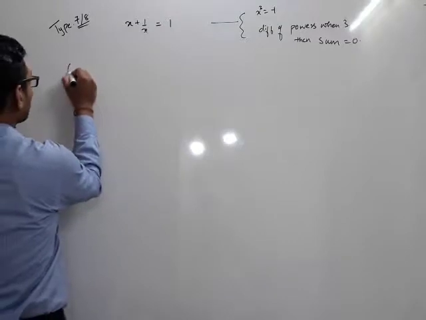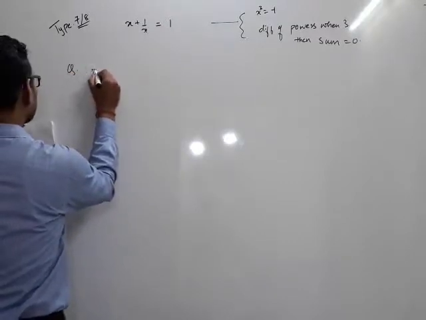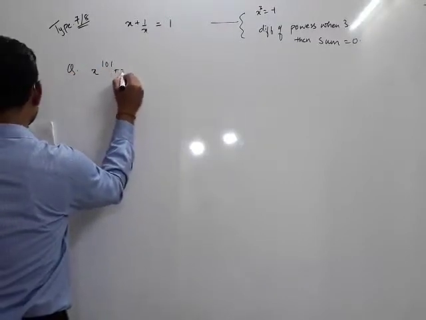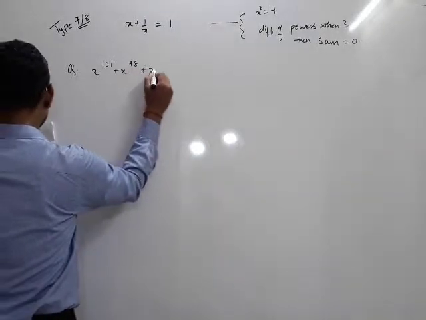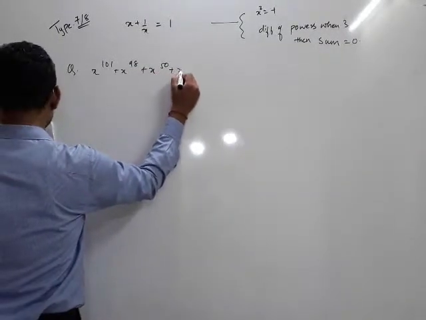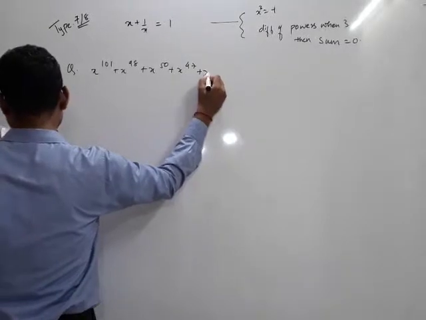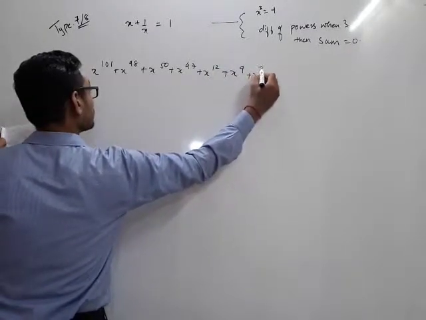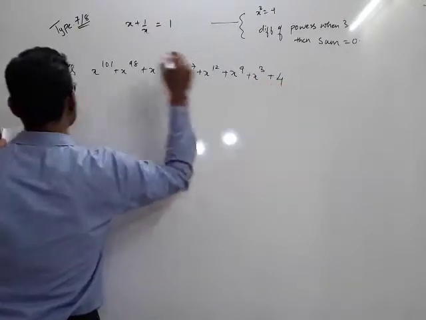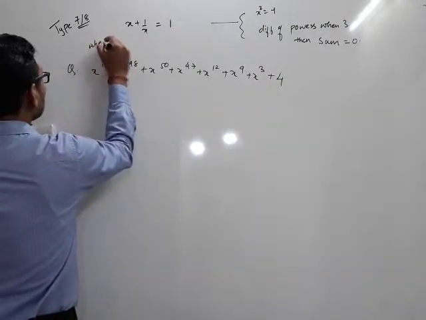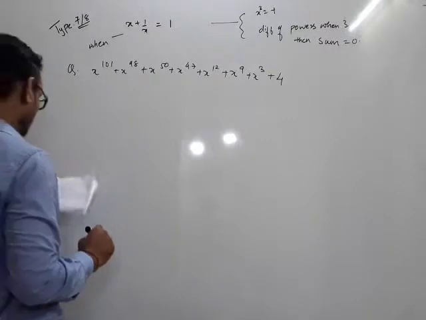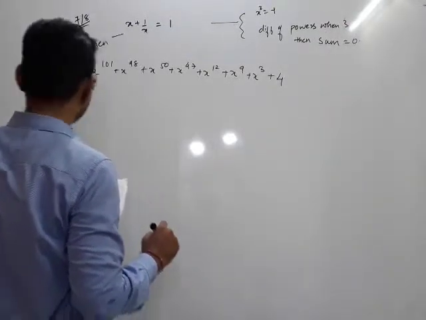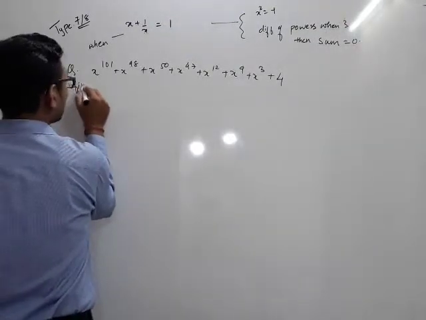Okay, let's see the question. X raised to 101 plus x raised to 98 plus x raised to 50 plus x raised to 47 plus x raised to 12 plus x raised to 9 plus x raised to 3. When x plus 1 by x is 1, then find this.